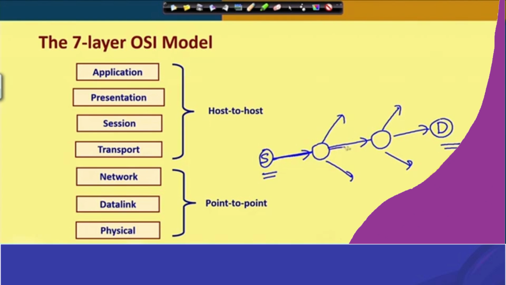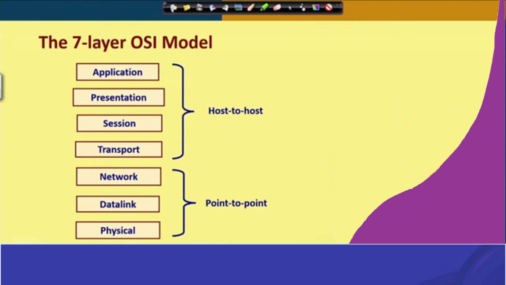So, there is 1, 2 and 3. There are 3 point to point connections here. There are 3 point to point links, and the lower 3 layers, physical, data link and network, they will be active in all these intermediate nodes also, but the upper 4 will be active only in the source and the destination. Okay, I will show a diagram.